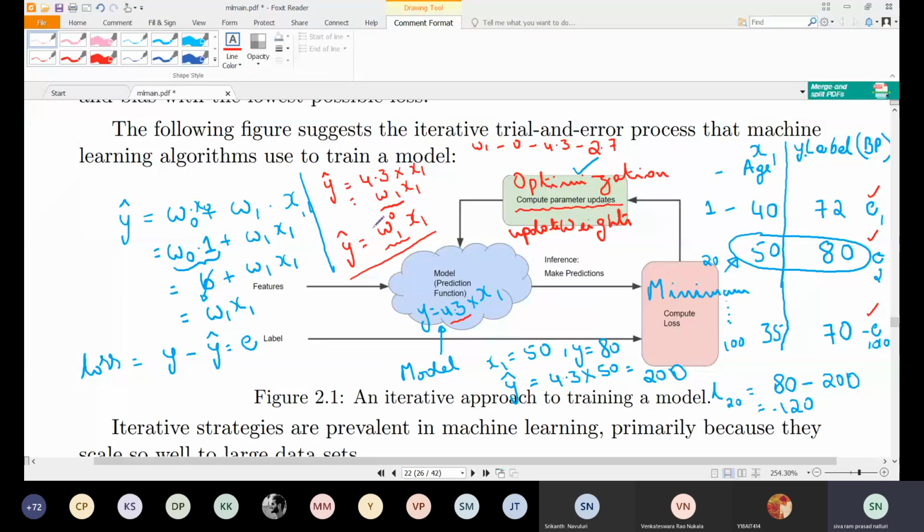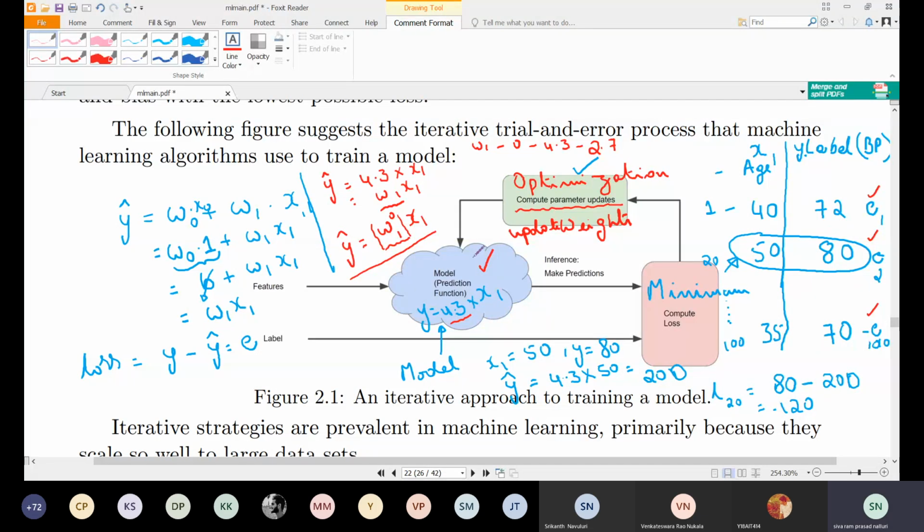For this optimal weight that you assign to the age, if the total loss for all these 100 examples in the training set is the least possible value, then you say your model fitting is completed. You have finished fitting the model, and your final model is the best possible model for the given training set.